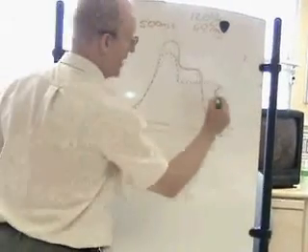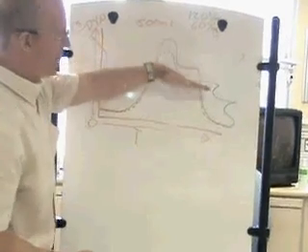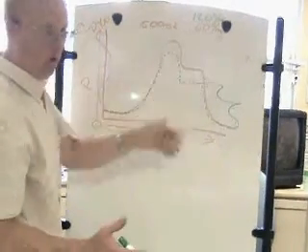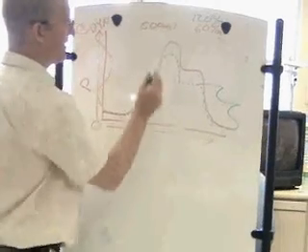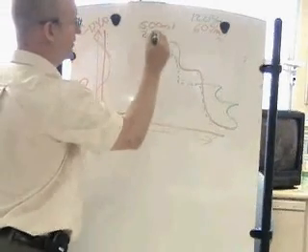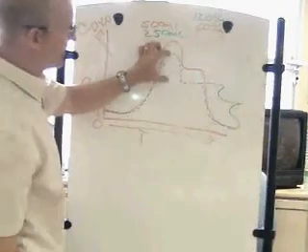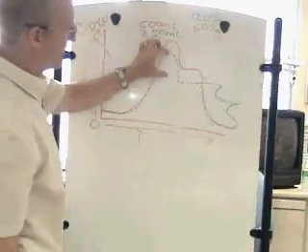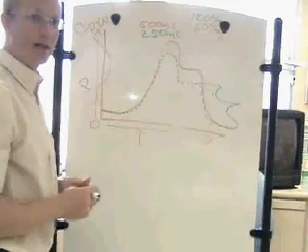My static compliance, however, has gotten better because the plateau pressure has dropped. Or I've changed my tidal volume from 500 in the brown to maybe 250, represented by the green. However, the airway resistance is the exact same difference. And that's how you're going to diagnose the difference between an airway resistance problem and a static compliance problem.